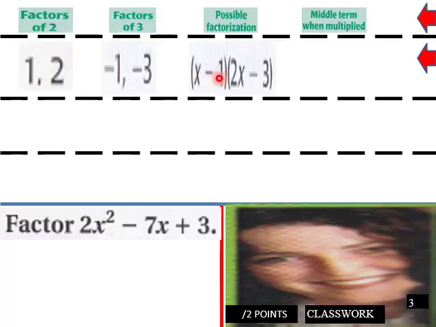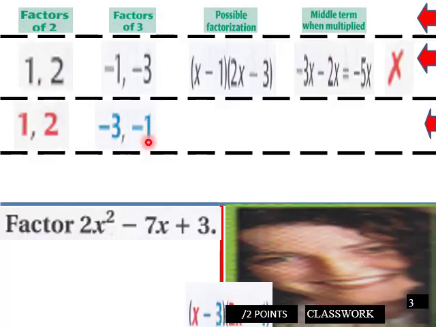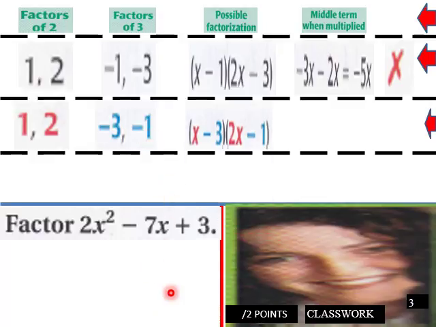This is one combination of both our a and our c, and it doesn't work. Then we have 1 and 2, and negative 3 and negative 1. So we change the order here. Let's try that out.